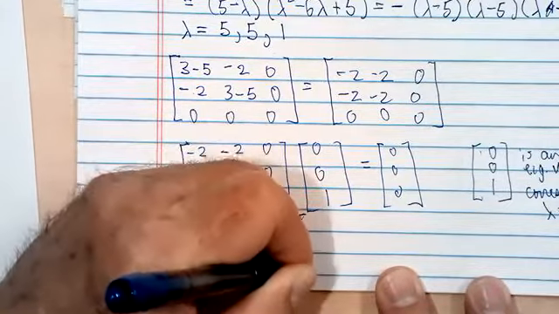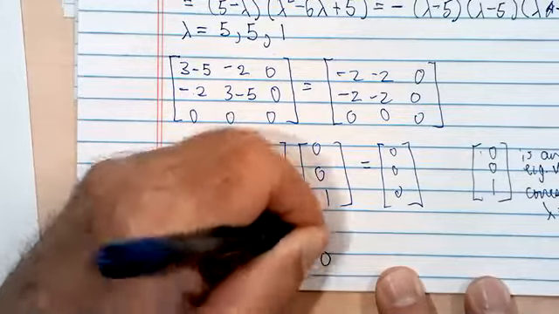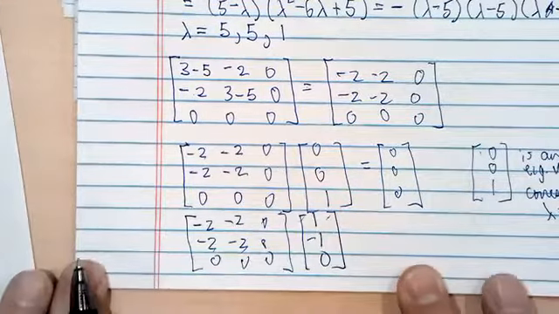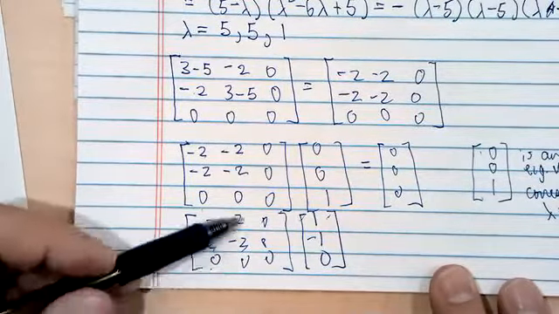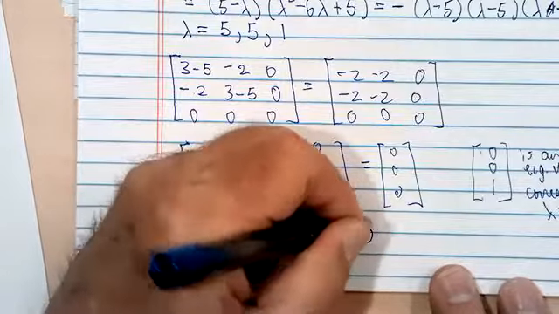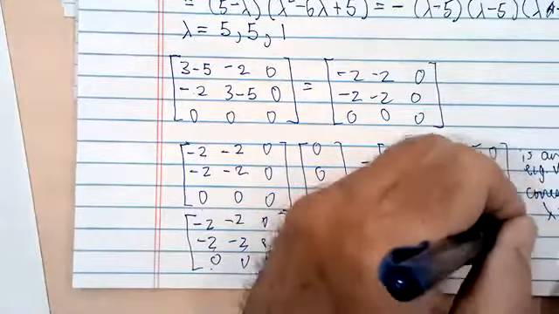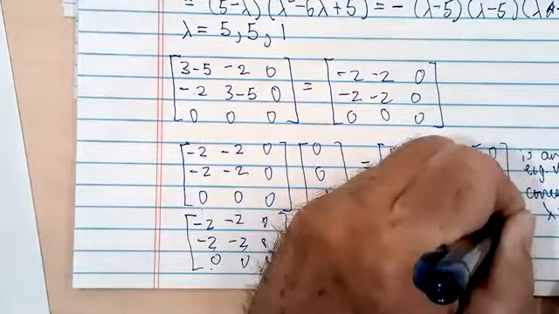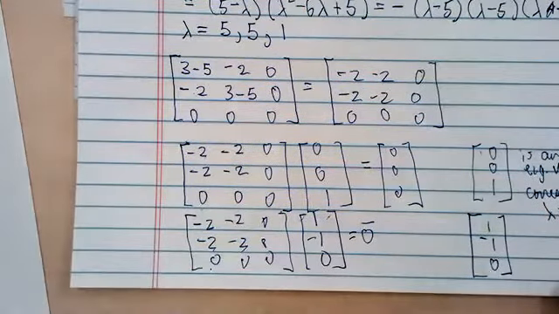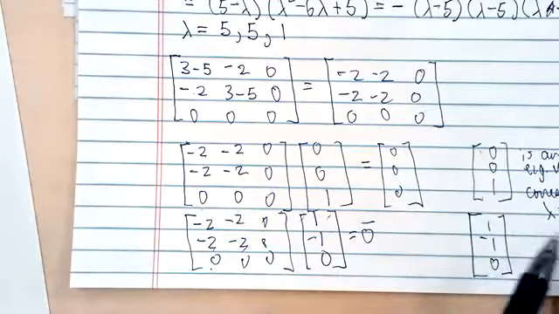If I multiply it by this, 1, minus 1, 0, it'd be the first column minus the second column. That's the 0 vector. So fortunately, I got what I wanted. 1, minus 1, 0. I get a second eigenvector corresponding to this eigenvalue.